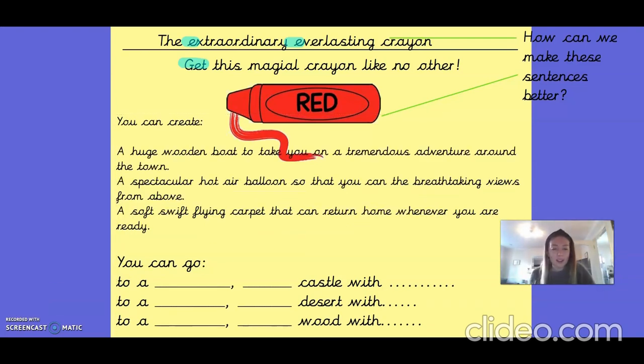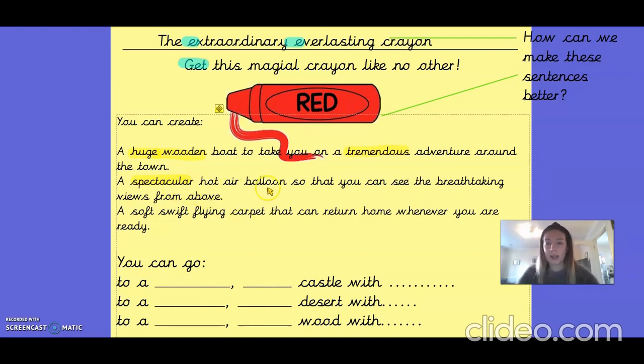Okay, so hopefully you've had a go at thinking of your own adjectives about how you will describe the different things from the story. So I've had a go as well, and I have described it as a huge wooden boat, to take you on a tremendous adventure around the town. So like in our story, we saw her travelling around on her boat. A spectacular hot air balloon, so that you can see, there we go, remember to proofread and read our sentences out loud to check we haven't missed any words.